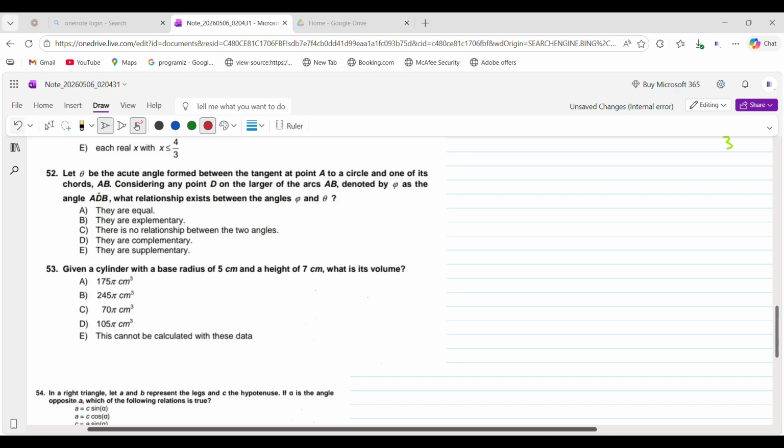52nd question. Let theta be the acute angle formed between a tangent at a point A to a circle. They have asked us basically that we have a circle, okay, and tangent is what? Basically, let me tell you some basics of circle.